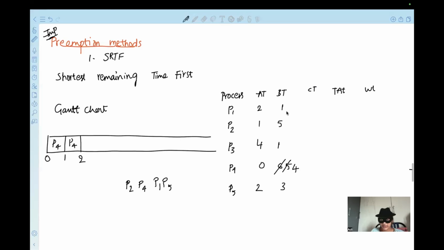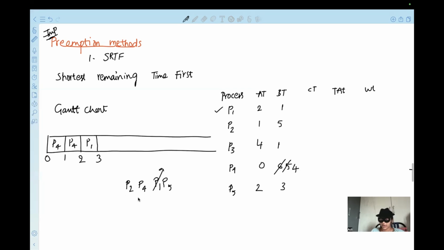Only P1 is the lowest, because the burst times of P2, P4 and P5 are more than P1. So for P1, the burst time is 1. So 2 plus 1 is 3 and P1 is completed.